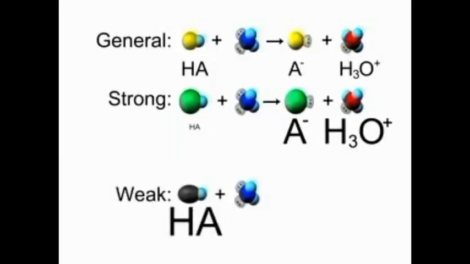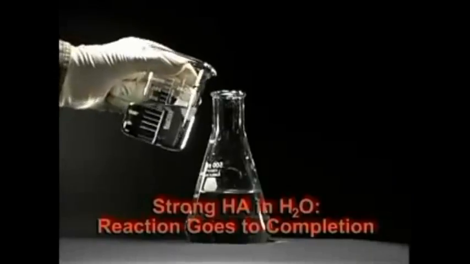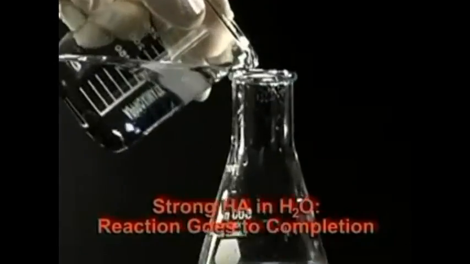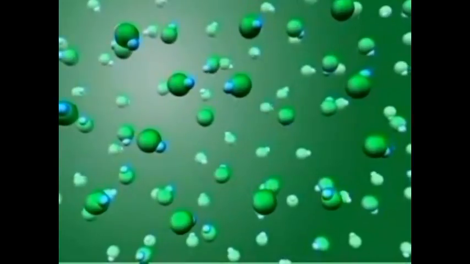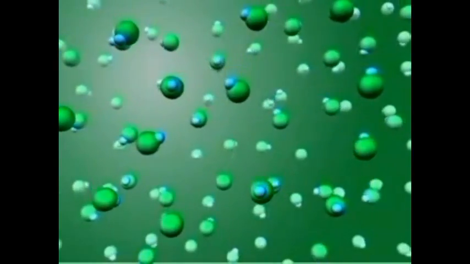In contrast, proton transfer from a weak acid to water becomes balanced by proton transfer from hydronium ion to A-. So the final hydronium ion concentration is much less than the original acid concentration. Let's view acid dissociation at the molecular level and focus first on strong acids. The concentrated acid in the beaker consists primarily of acid molecules.